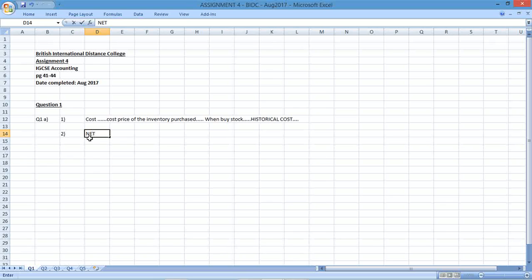Number 2 asks you to describe net realizable value. Here we're looking at the actual market value of the stock currently after being bought. So after having been purchased, stock, inventory may lose value.